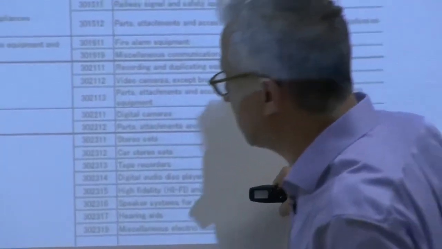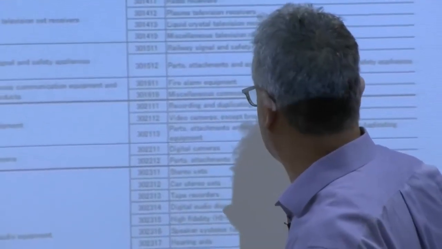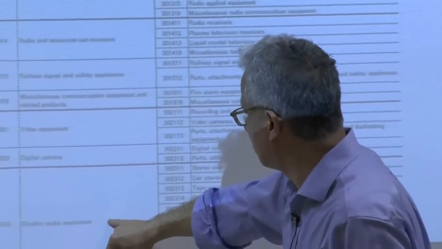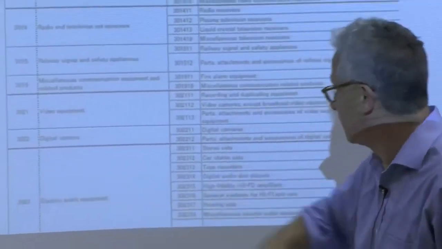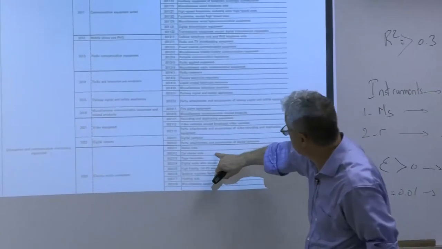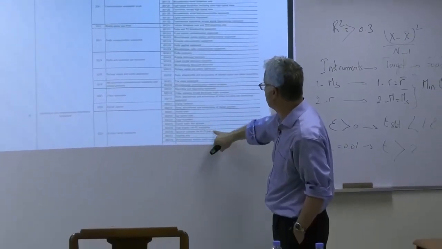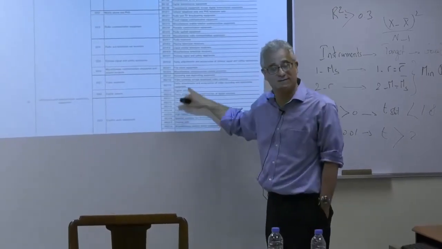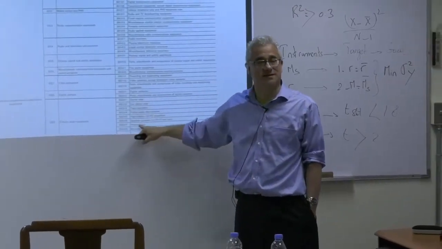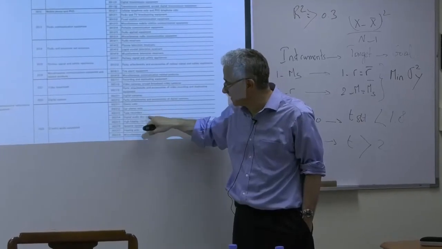You take another one, electronics at the 2-digit level, the 4-digit level will be electronic audio equipment, and you would have stereo sets, car stereo sets, tape recorders, digital audio players, hearing aids. So these would be at the 6-digit level. These would be called products.